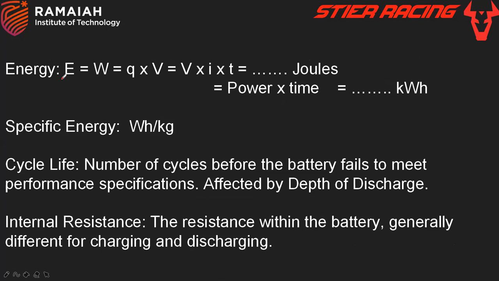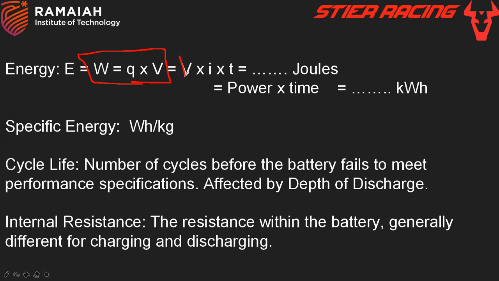The other term is energy. You might have come across this formula in your physics class: work done equals Q into V. This is nothing but the energy stored in the battery. This formula will give you that. I told you Q equals I into T. So multiply voltage, current, and time, and you get the energy in joules.